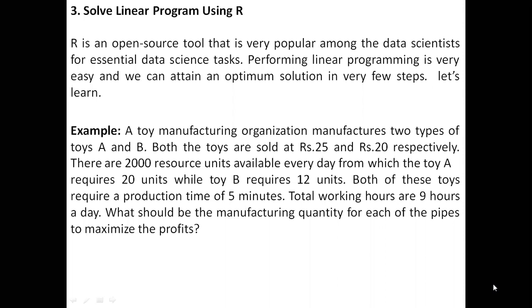If this condition is not satisfied, we multiply by minus 1, and hence the sign will change, and the entire equation will satisfy the non-negative characterization as per the linear programming strategy.